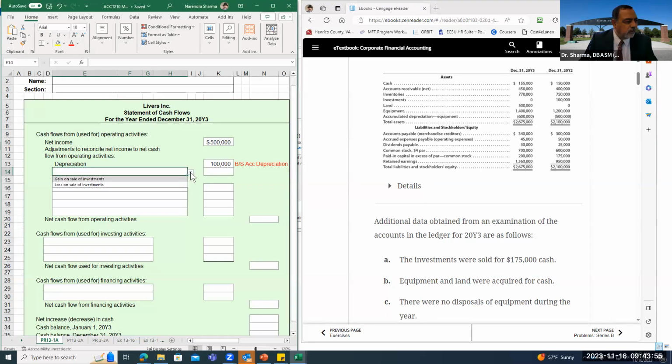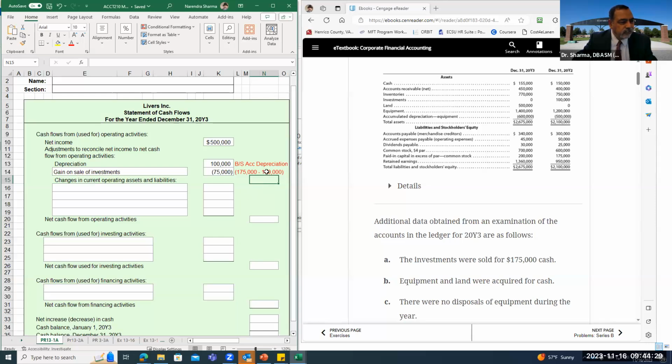So I'm going to write here, gain on sale of investment. Since the gain is to be subtracted, I will put it within parentheses, 75,000. Remember, the calculation is the 175,000 sale value minus the book value of 100,000. That's how I got that 75,000.